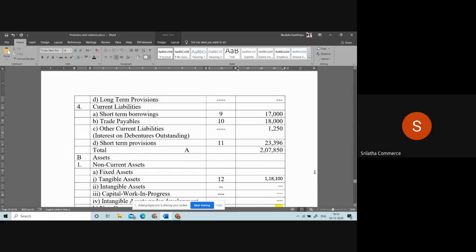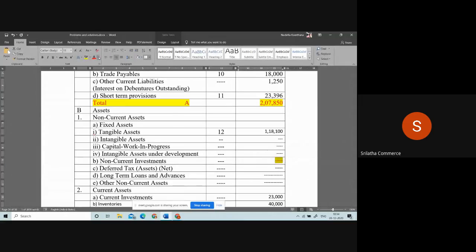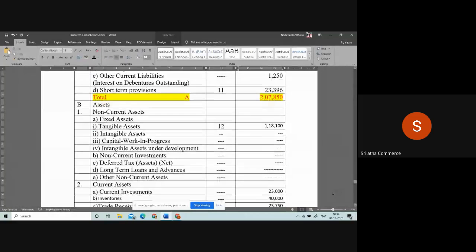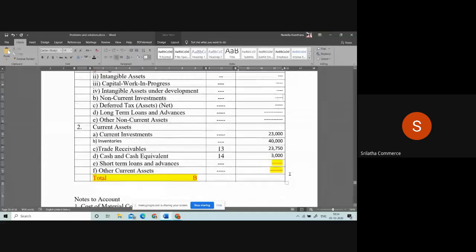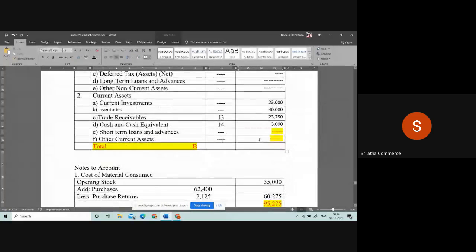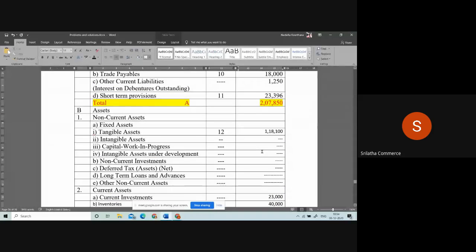Check here also. 2,07,850. Thank God I got it. What are the totals? 2,07,850.